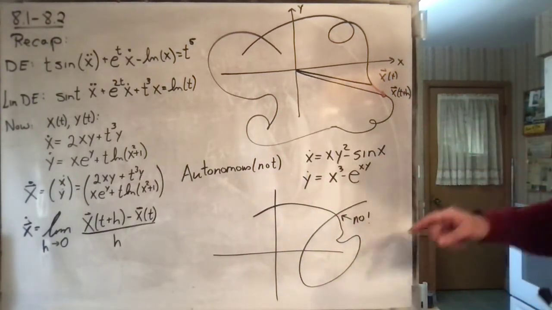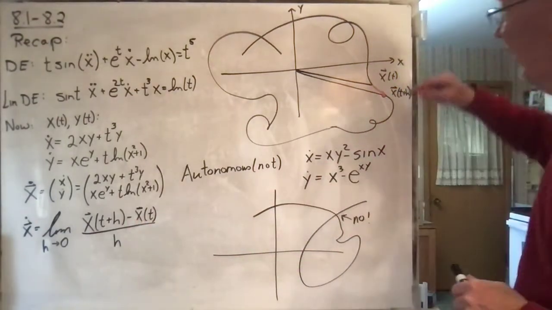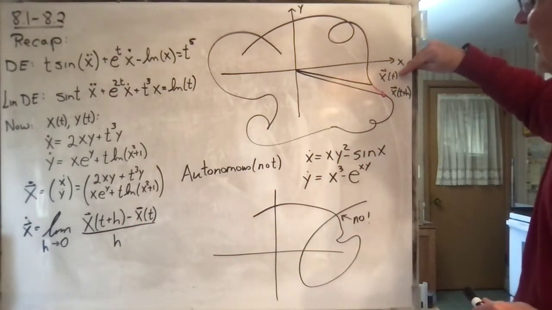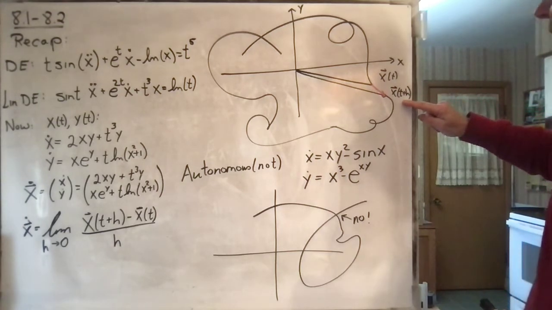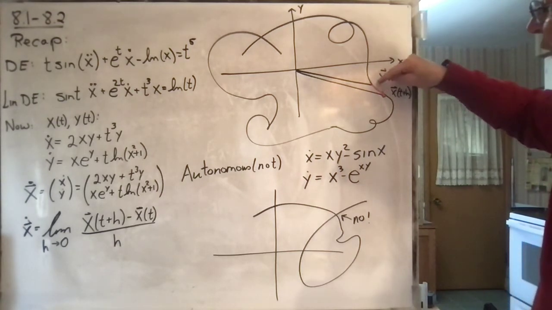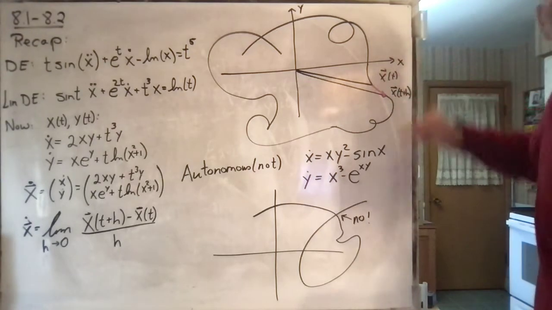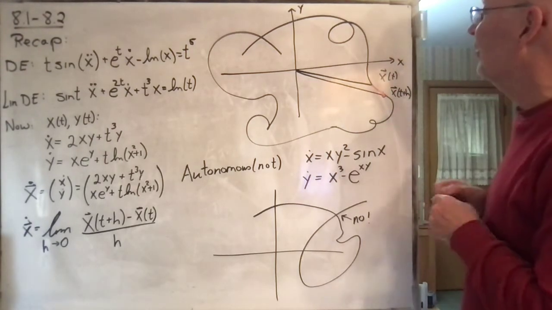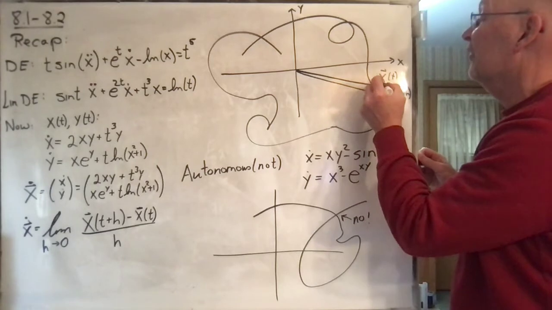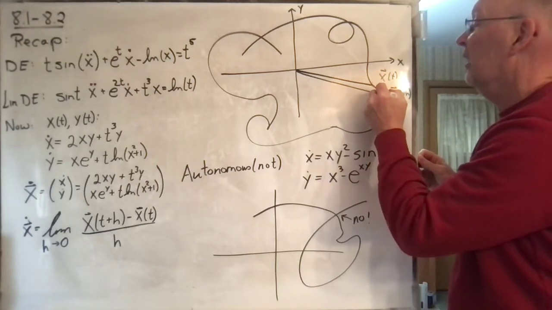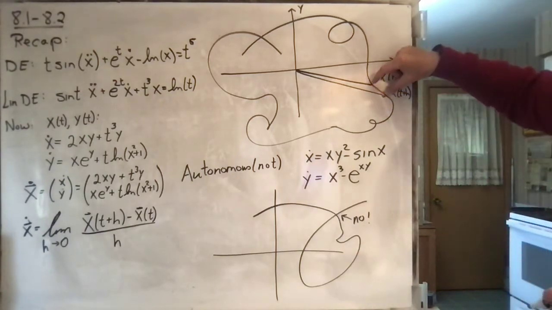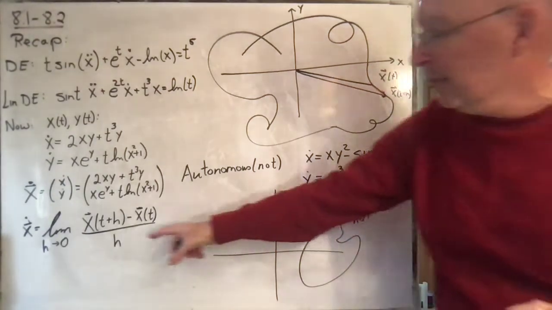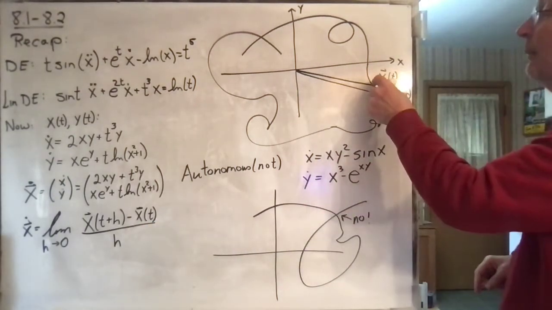And the thing to note is that if this is x of t right here, and this is x of t plus h right there, notice that the difference in those two vectors is this pink one. I don't know if you can see it. Let me put it in black as well. It's that one right there that goes from here to here. So there's the difference, and you divide that by a scalar, it's still going to be the same direction.